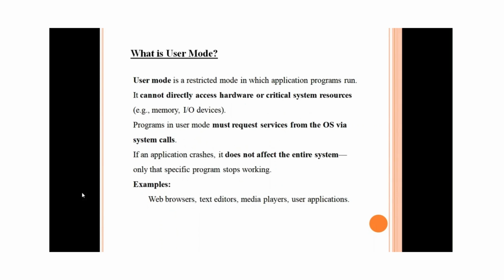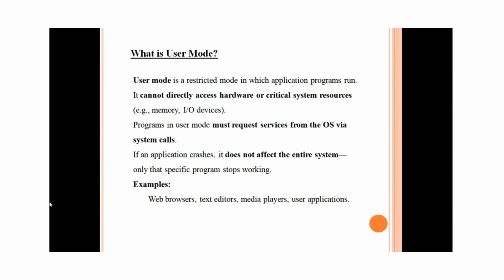Let us go deeper into user mode. User mode is a restricted mode in which the application program runs. That means when a particular application runs in a system, the user mode is limited only to that particular program. It cannot directly access the hardware or system resources like memory, I/O devices, and many more. For that, it needs to send requests to the operating system through system calls.